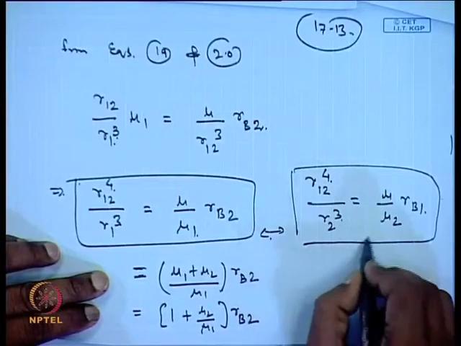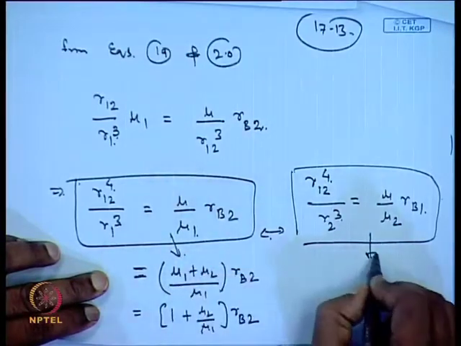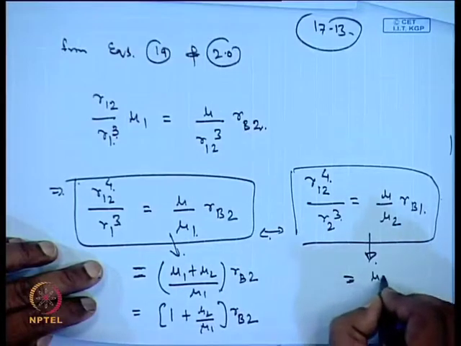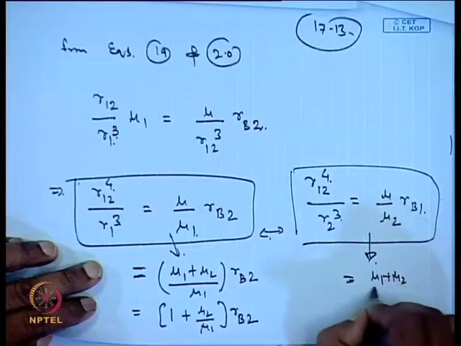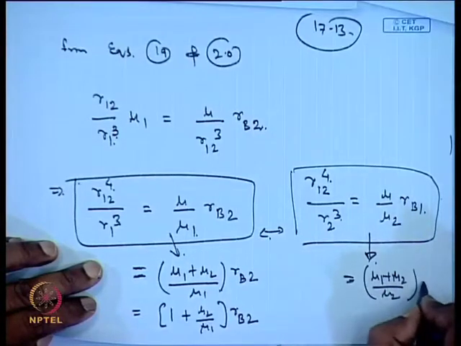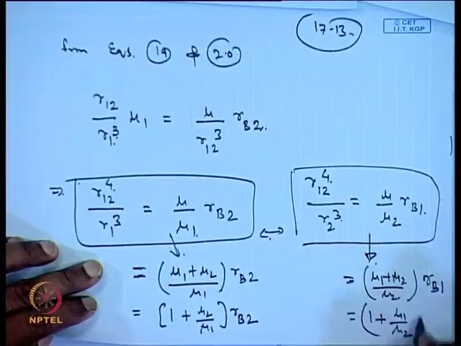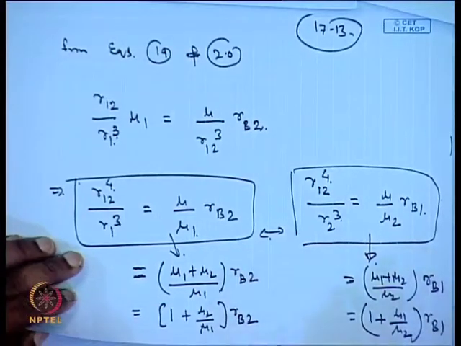And here this will yield us mu 1 plus mu 2 divided by mu 2 times RB1. So, this will be 1 plus mu 1 by mu 2 times RB1.